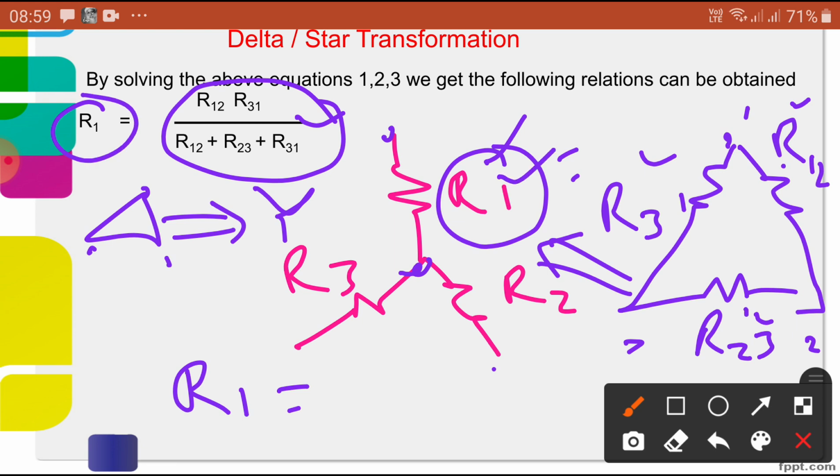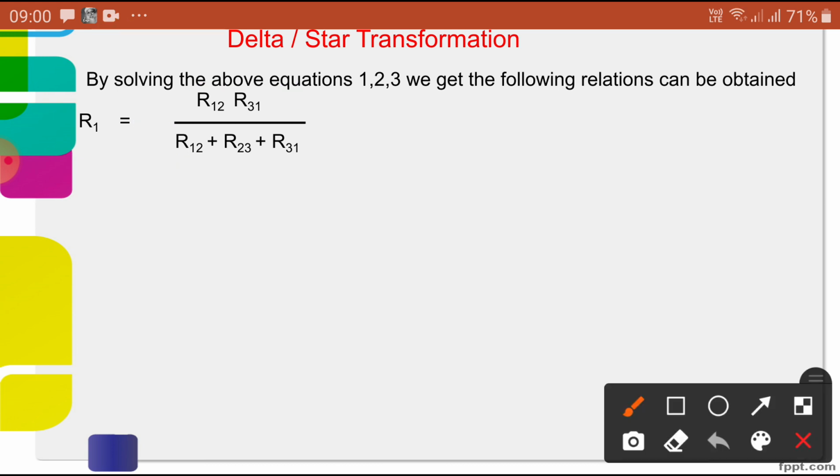Similarly, by the same manipulation for the other resistance, we get R2. What is R2? R2 is found the same way. Here, you can see simply.